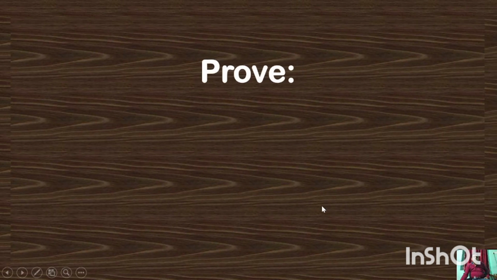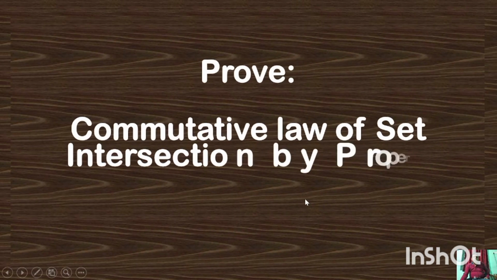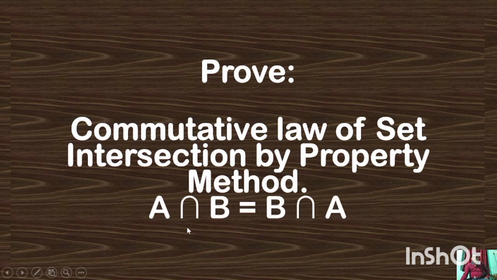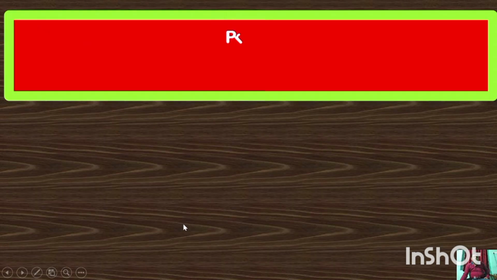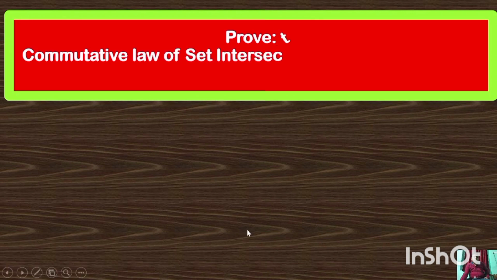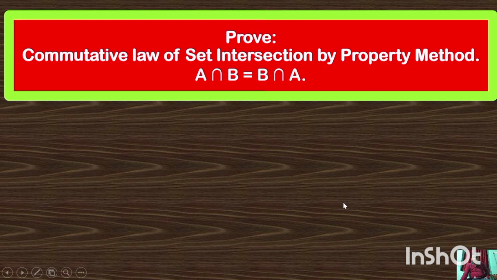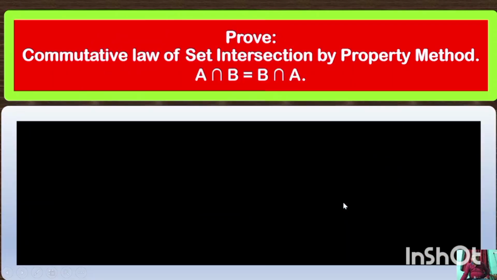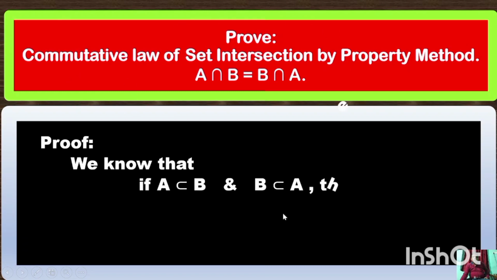In the same manner, we can prove the commutative law of intersection by the property method, the set builder method, with the help of property. We know that if A is a subset of B and B is a subset of A, then A is equal to B. Same thing I am repeating, while discussing the property of subset, this is important.